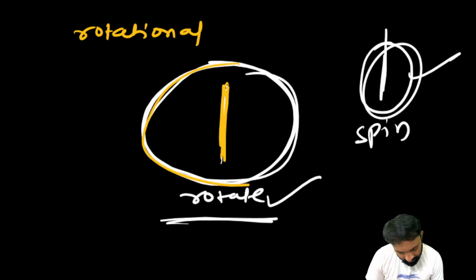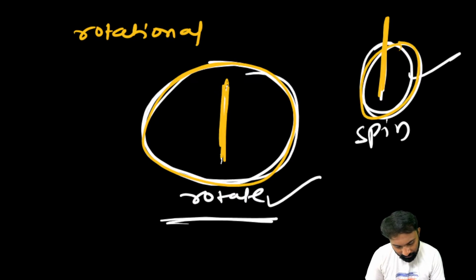If it is rotating around the external axis, it will rotate. If it is on the axis, it will spin. So yes, what I said, the fan is spinning, the fan is not rotating, the fan is spinning.